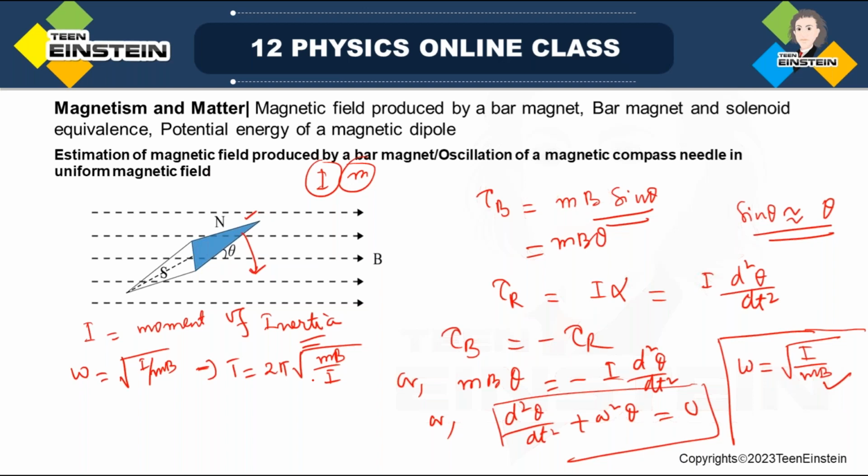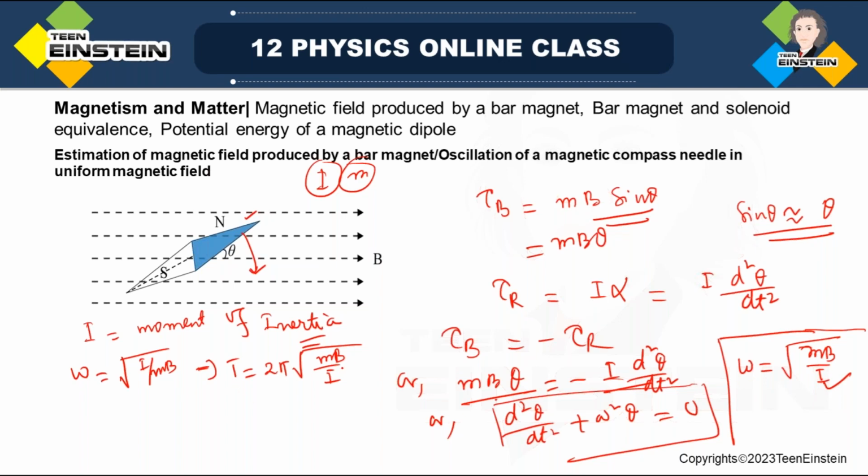Have I done some mistake here? Let me just check. Omega is square root of mB by I, not I by mB. See from this equation, square root of mB by I is omega.